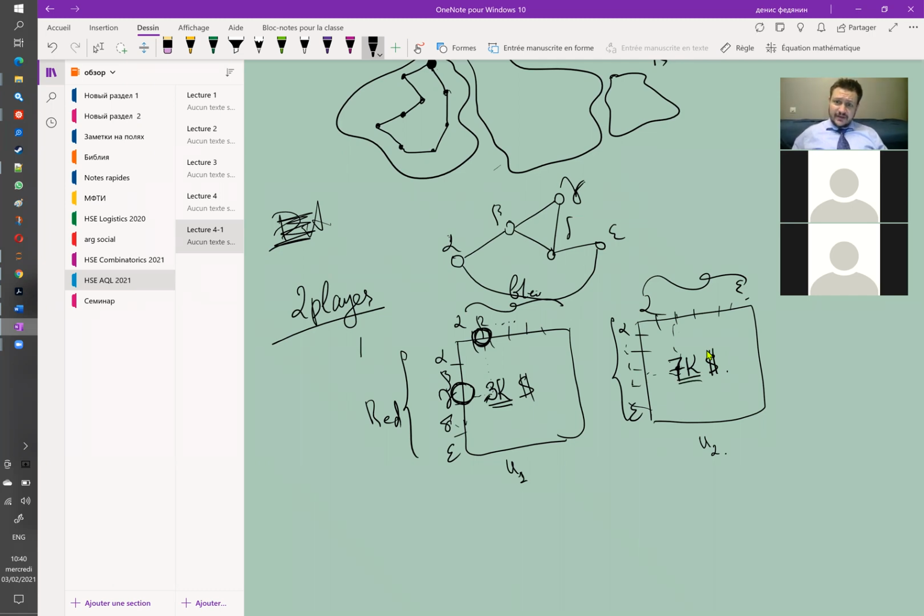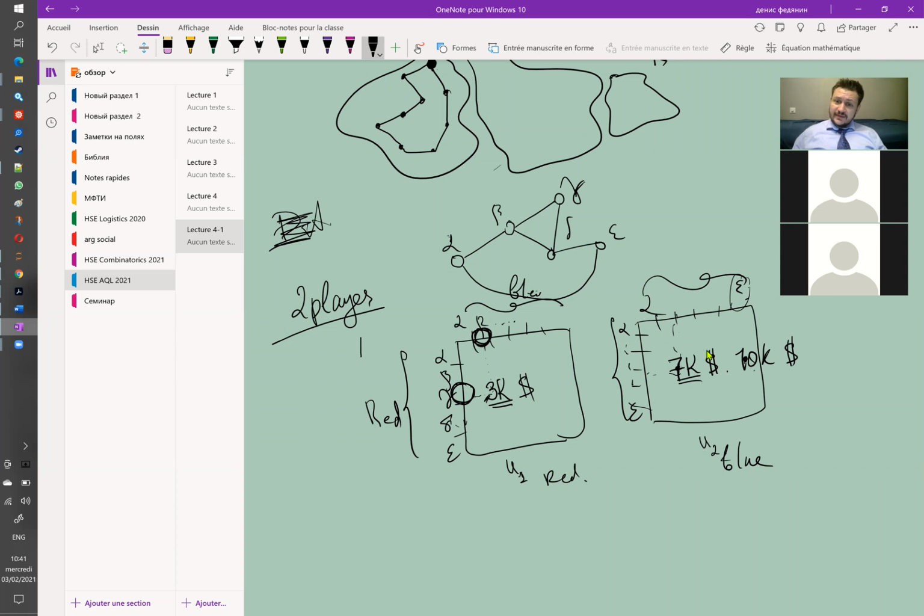It doesn't matter that this place is good for blue, because maybe other alternatives are better for blue. For example, here blue has 10K if he chooses epsilon.